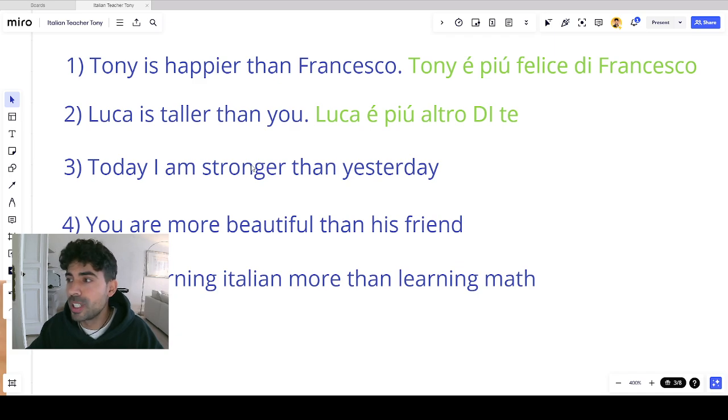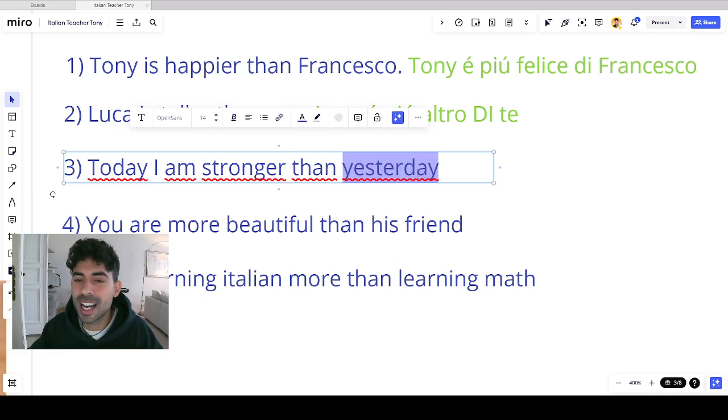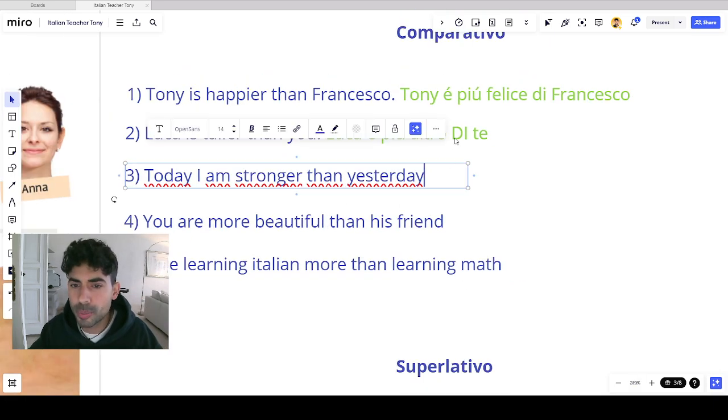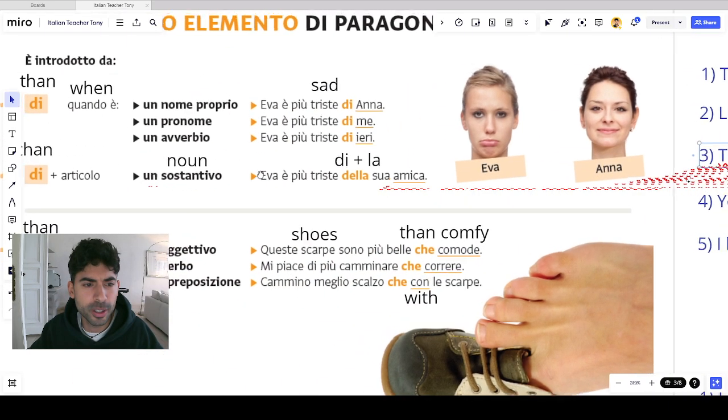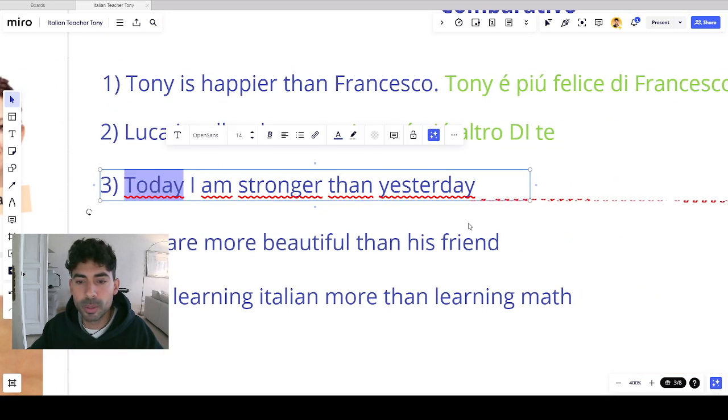The third example is "Today I am stronger than yesterday." This "than yesterday," we are comparing with an adverb, yesterday. So let's go back. Which preposition do I use if I have an adverb? If you don't remember, you go back in here and you say, oh, it's an adverb, so I still use di. Even in this case, we will be using di.